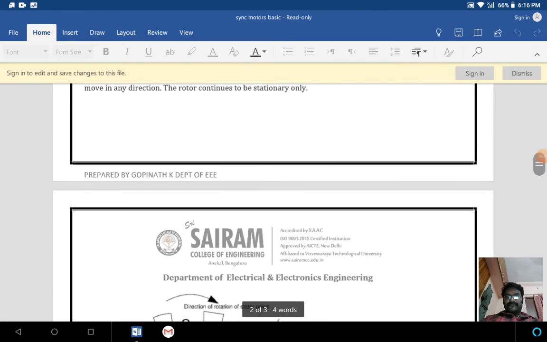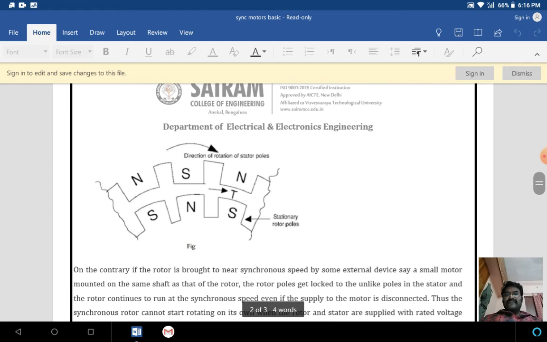See this diagram. From this diagram we come to know that the rotor tries to rotate in the clockwise direction, and the stator tries to rotate in the anti-clockwise direction. Both try to rotate, but the magnetic field present here will be equal, so it cannot rotate in either direction.